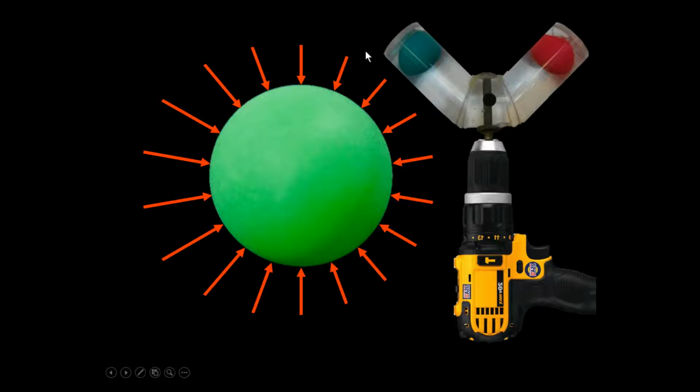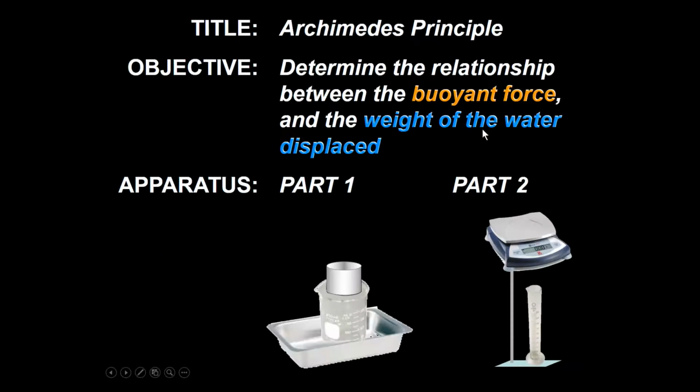If the water is accelerating toward the center, it's actually going to create more pressure on the outside of that ball than the inside, and the ball will be buoyed toward the center. And because the tube is at an angle, it can only move toward the center by going along this diagonal there.